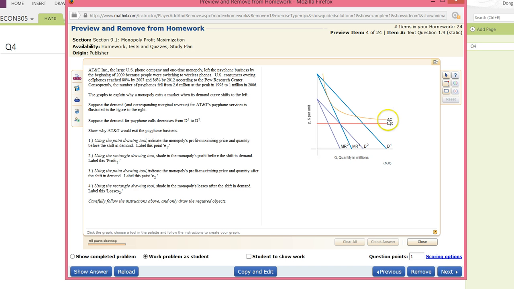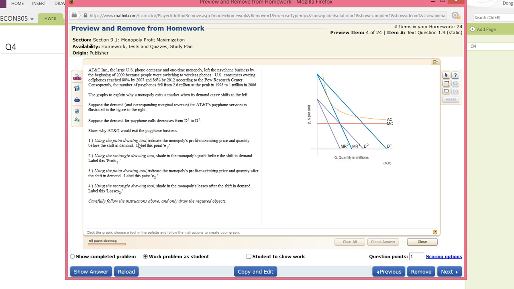The reason we were given these curves is because later on we will be asked to draw the profit or loss area, and the AC curve will be useful then. So we just follow this using the point drawing tool.